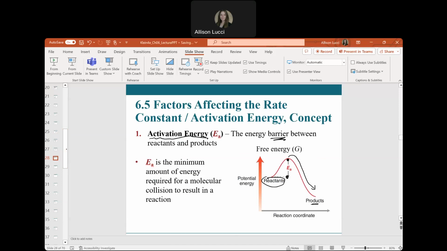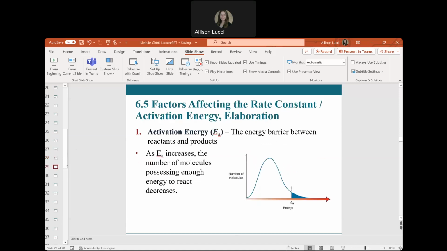So this is the minimum amount of energy that is required for when a molecule hits another molecule for the reaction to happen, right? So we need them to hit each other, to collide, and also have the right amount of energy.